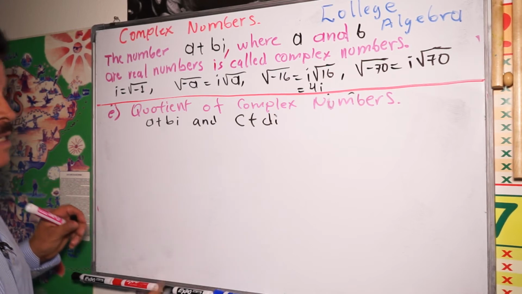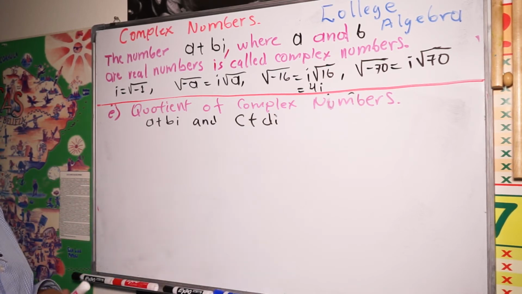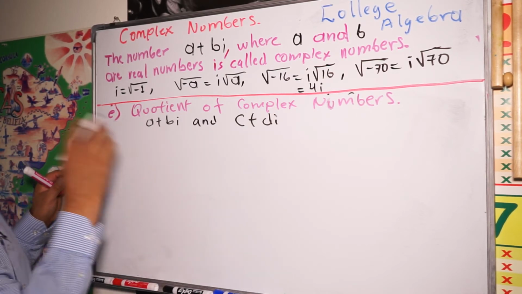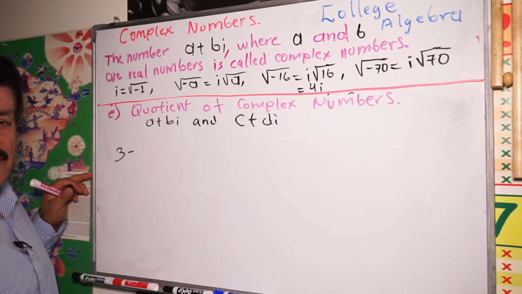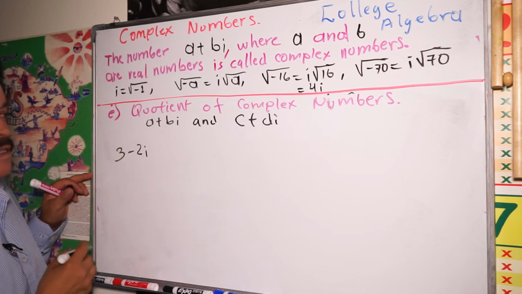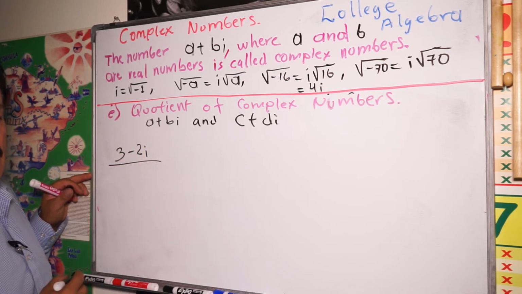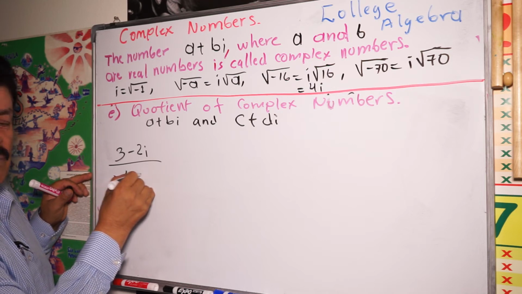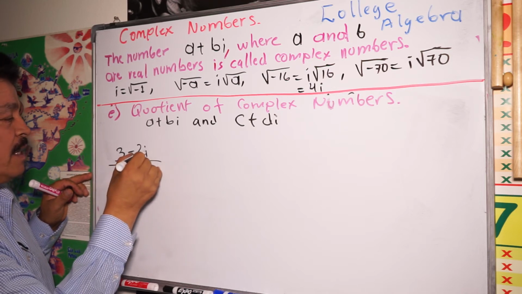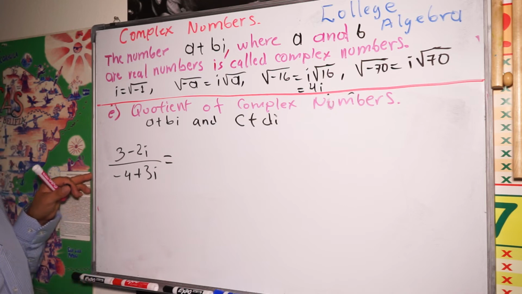Correct? See the problem here? Write the problem here: 3 minus 2i divided by -4 plus 3i. Okay, you have this problem here.